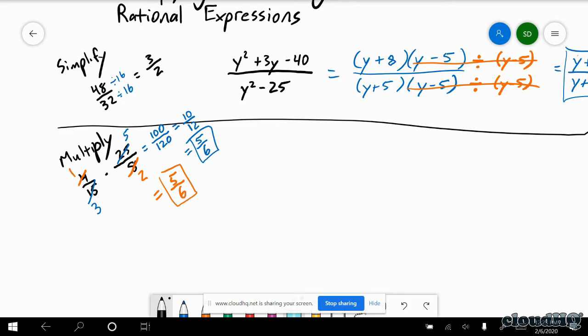Well, it could look like a couple different things. Take a look at this problem.